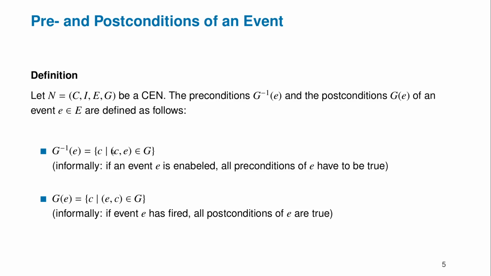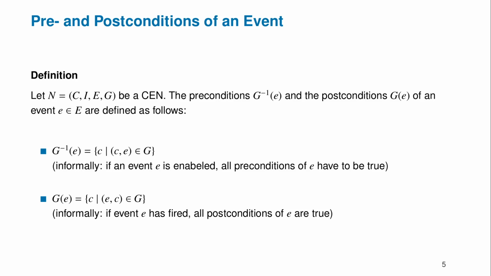These are the preconditions. And for the postconditions, these are all the conditions for which there is an edge from E to the condition. So there is this pair EC in the dependence graph: E has an outgoing edge to the condition C.